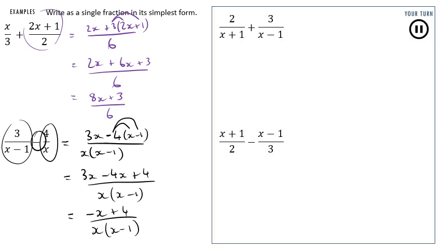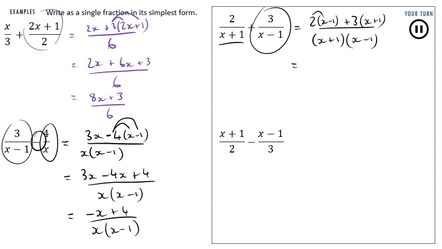2 examples for you to do. Pause the video, have a go. The lowest common multiple in this first example will be x plus 1 times x minus 1. So the first fraction we're multiplying by x minus 1. Second fraction we're multiplying by x plus 1.